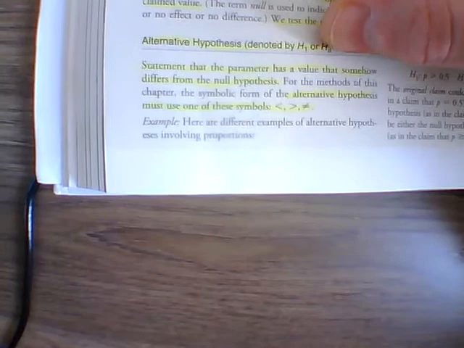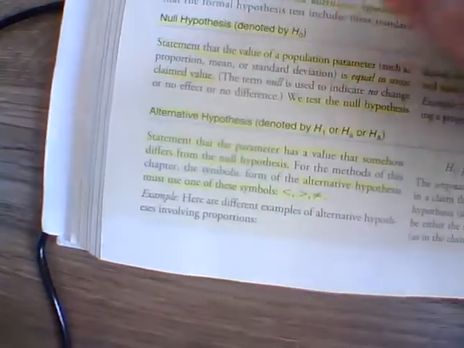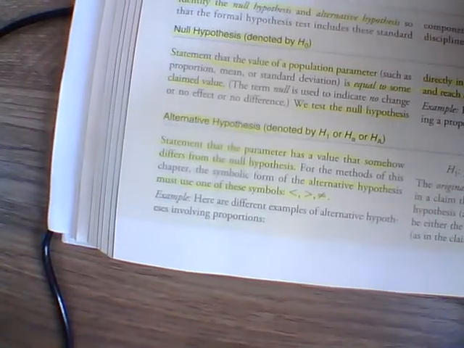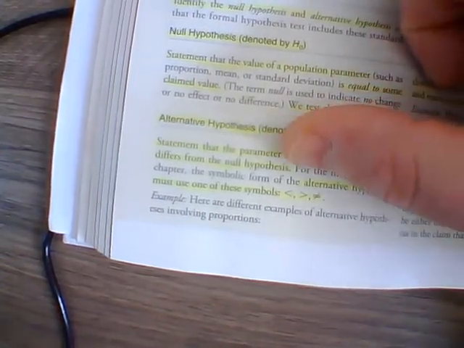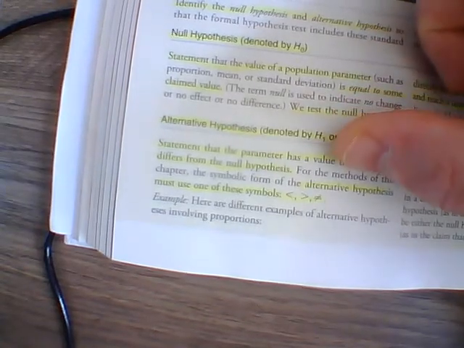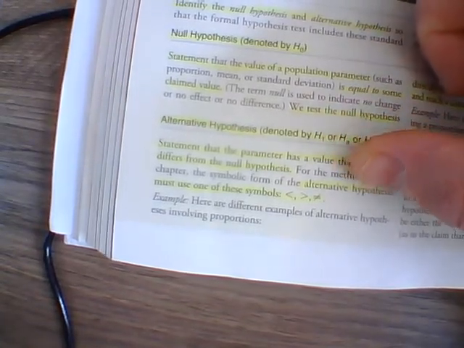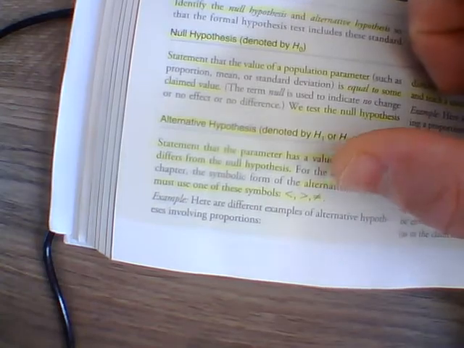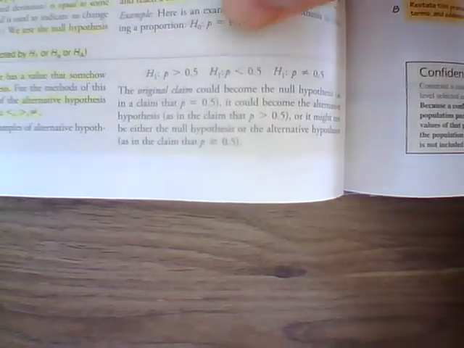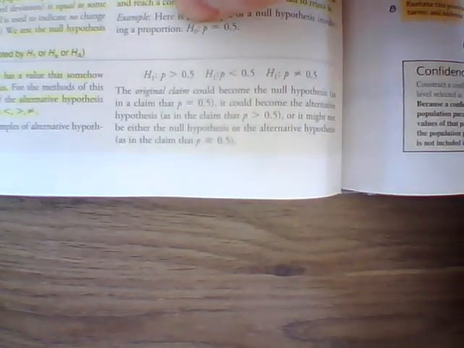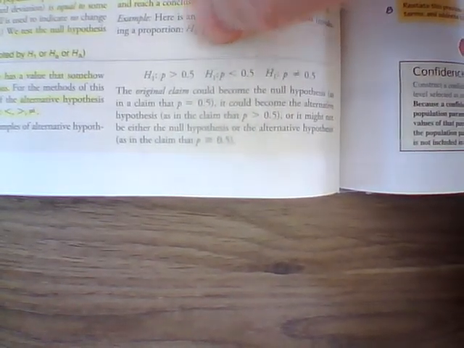And then our alternative hypothesis, so our statement for our alternative hypothesis, once again here, is going to deal with the parameter to show that it somehow differs from the null hypothesis, okay? So our alternative hypothesis is either going to be less than, greater than, or not equal to the value. So if I come over here, if we remember back, our null hypothesis right up here, p equals 0.5.